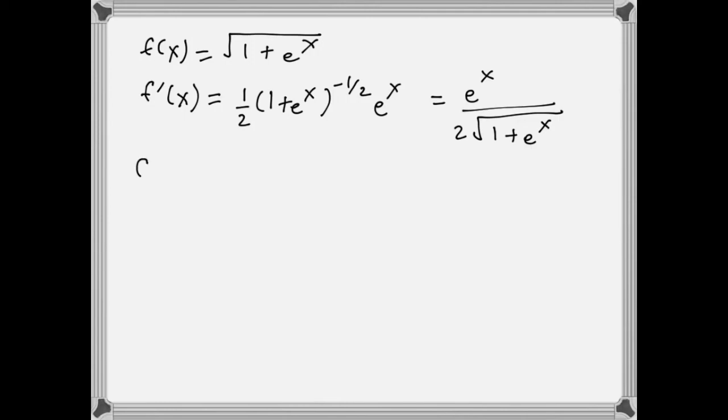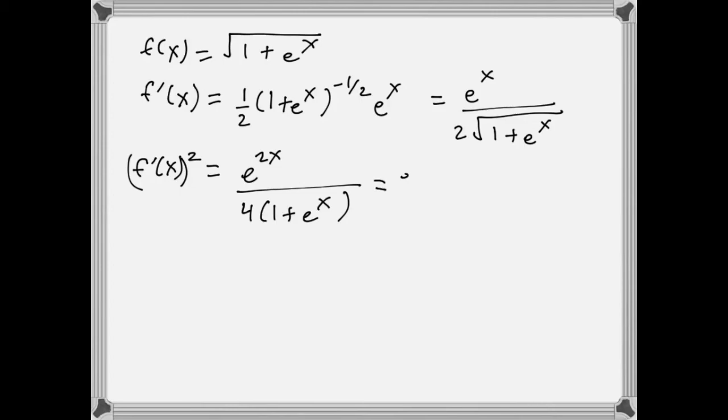Next, we square the derivative, f prime of x squared. If you square that, you get e to the 2x over 4 times 1 plus e to the x, right? Because it's being squared. Which we can write like this, e to the 2x over 4 plus 4e to the x, if we distribute that. Next, we have to add 1 to it.